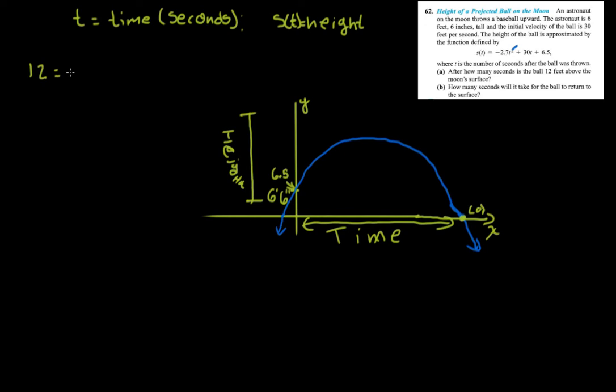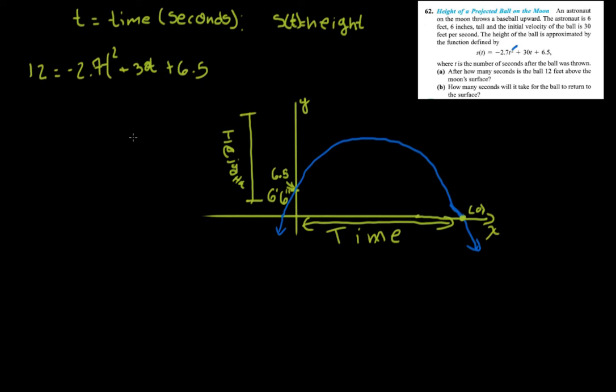So we're gonna say negative 2.7 t squared, actually, I'm saying to the power of 2, plus 30t plus 6.5.